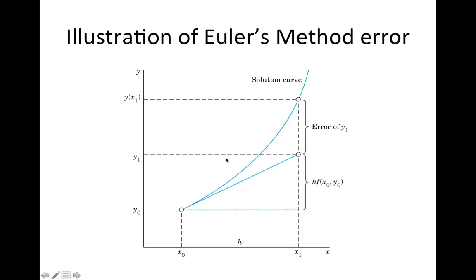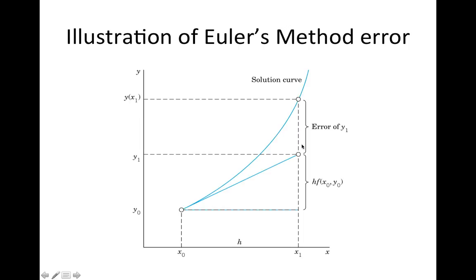So here's an example of what Euler's method would look like. We start with our x sub 0, y sub 0 point. We come to our x1 point, and the y1 point that we calculate from Euler's method, which is y sub 0 plus h times f of x sub 0, y sub 0, places us at this point, where in fact the actual solution curve would lie somewhere up here.